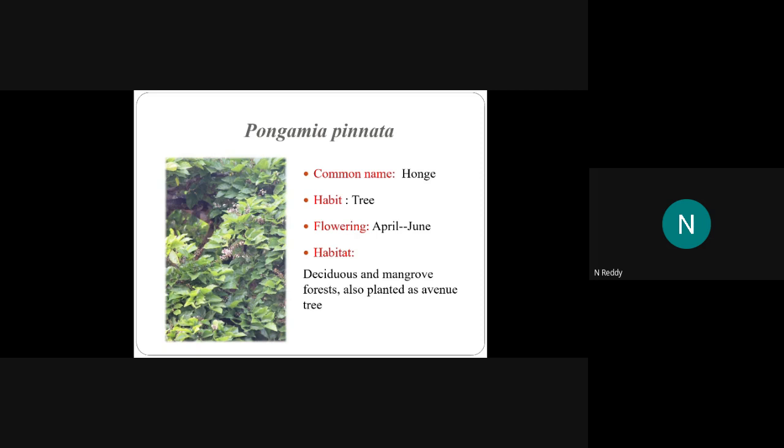Pongamia pinnata flowers during April to June. It's found in deciduous and mangrove forest, also planted as avenue trees, in most avenues in the cities also. It yields very high flower and nectar.